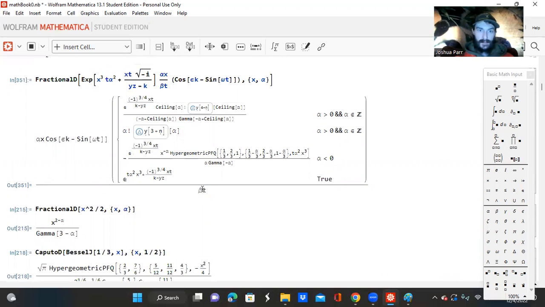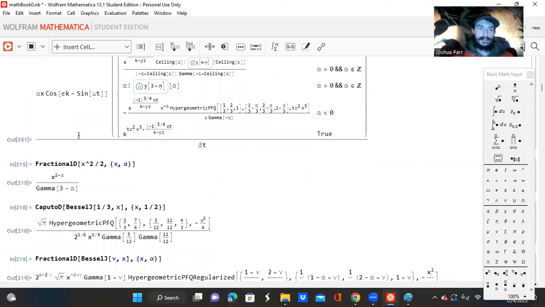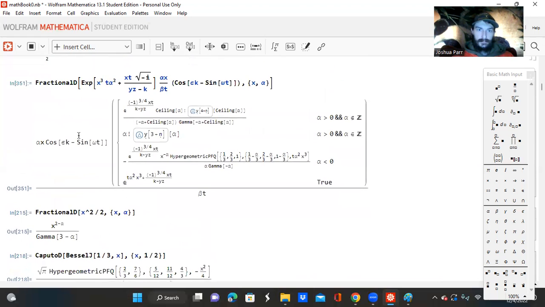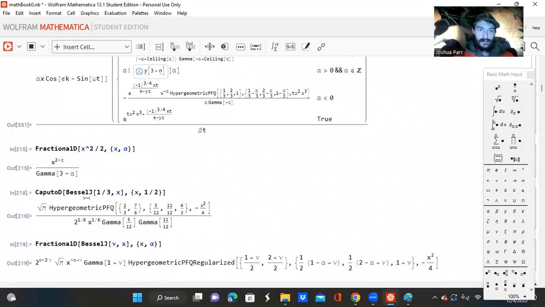Get everything over beta t, get alpha x cosine epsilon k minus sine omega t. So I'm doing another fractional derivative here, a simpler one of x squared divided by 2 for x and alpha again. And this time I got x to the 2 minus alpha and then the gamma function of 3 minus alpha.